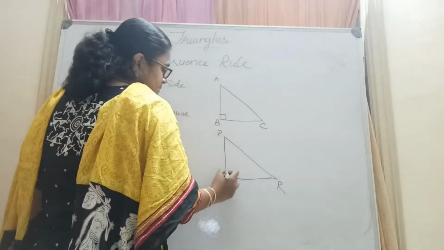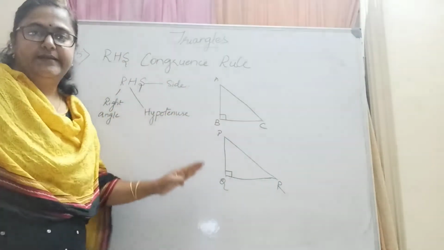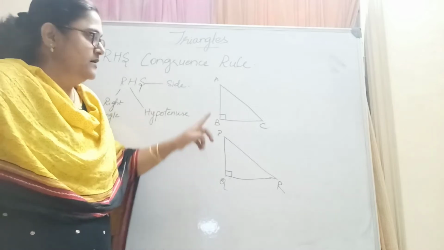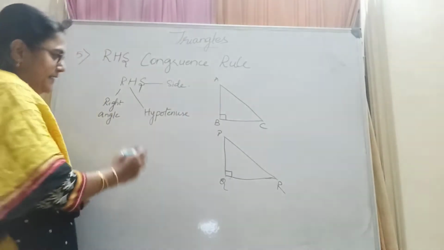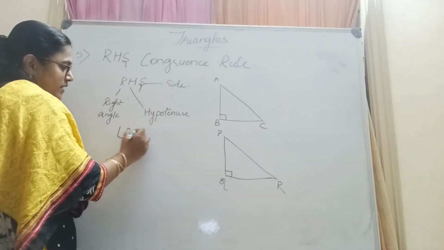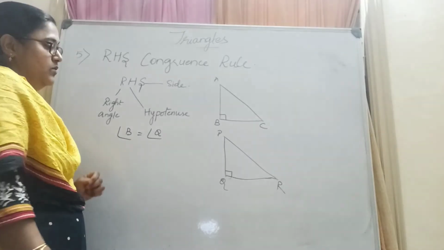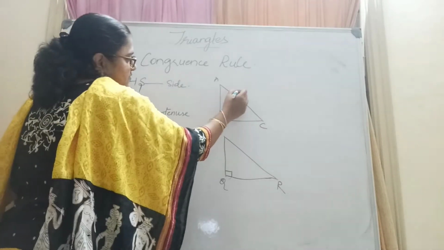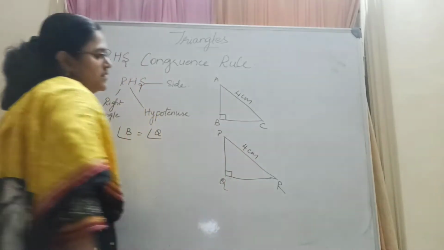Both these triangles must have a right angle. Since it is a right triangle, obviously one angle is 90 degrees. So here I have taken B as 90 degrees and here I have taken Q as 90 degrees. So angle B is equal to angle Q. Now hypotenuse, say if this is 4 centimeters, this should also be 4 centimeters.